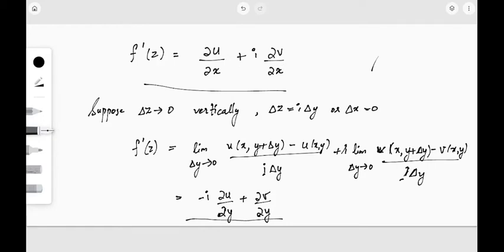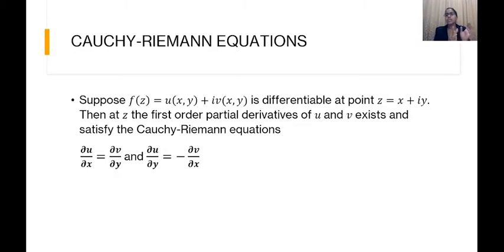So that was our Cauchy-Riemann equations. We have just now proved that if the complex function given to us is differentiable, then the Cauchy-Riemann equations will be satisfied. So just keep in mind the Cauchy-Riemann equations: dou u by dou x must be equal to dou v by dou y, and dou u by dou y must be equal to minus dou v by dou x.